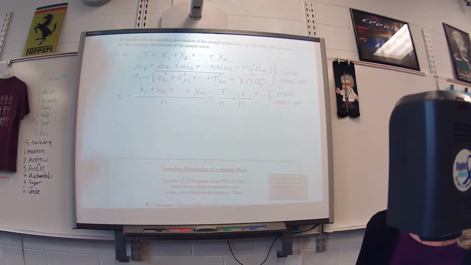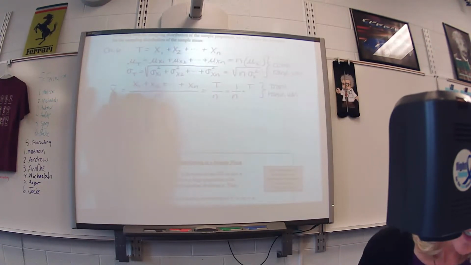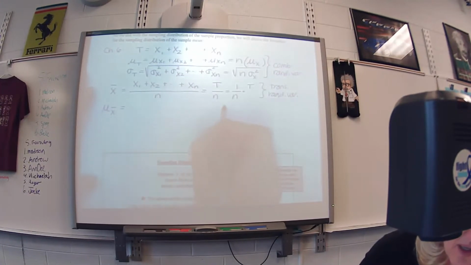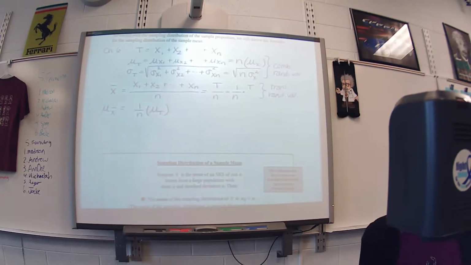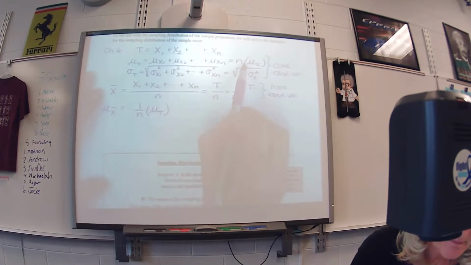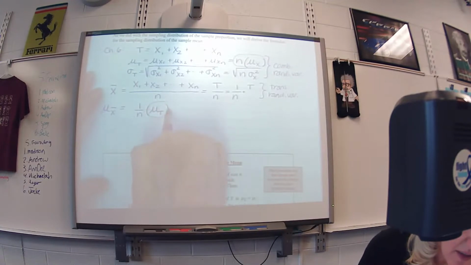All right, so transforming a random variable says, if I want to get the mu for this new one called x bar, mu sub x bar would be equal to 1 over n times the mu for t. But with a little bit of substitution, the mu for t can be substituted.